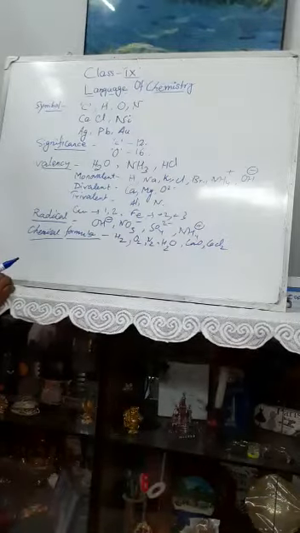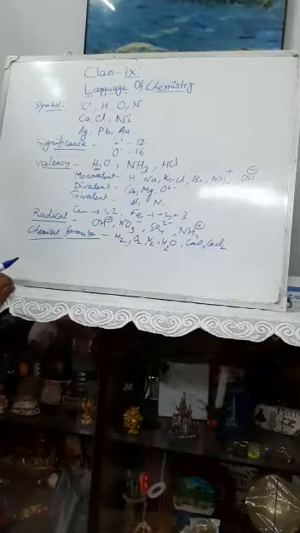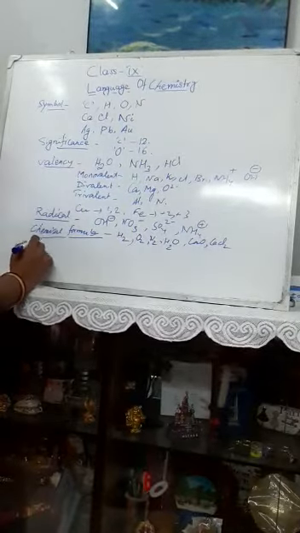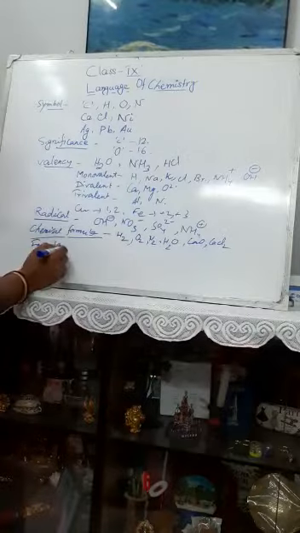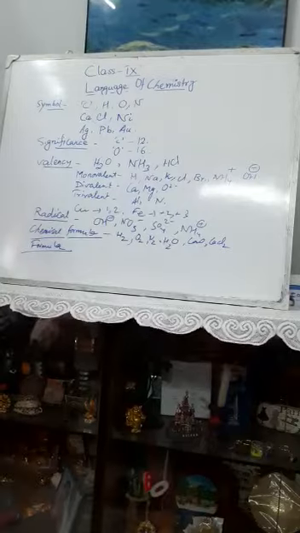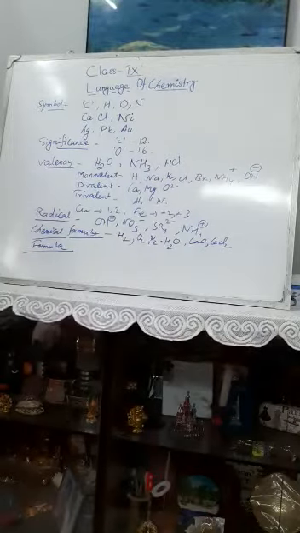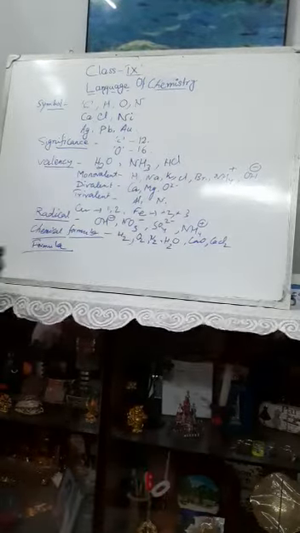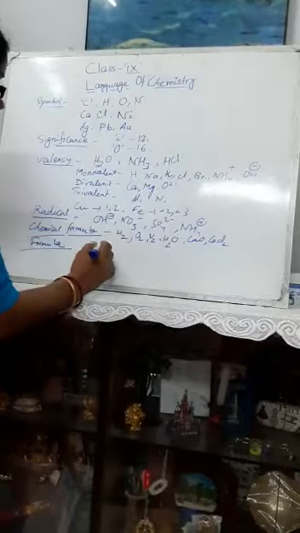Now how can we write the formula of the molecules? Formula is a short symbolic representation of a molecule. But to write the formula of any substance, we must know which elements are present in that substance. Suppose I am writing calcium chloride.